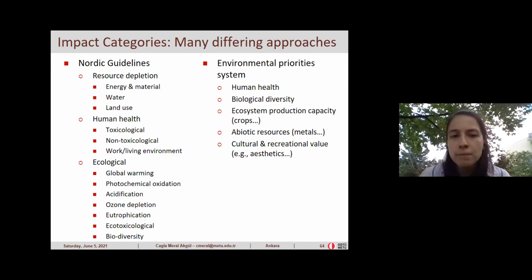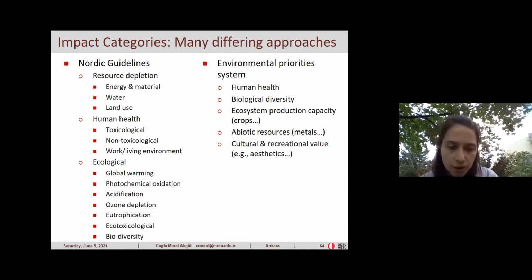There are many impact categories with different approaches. Here, let me talk about some of them. Nordic guidelines talk about resource depletion, human health, and ecological, so three categories. In resource depletion, we talk about energy, material, water, and land use. In human health, we talk about toxicological, non-toxicological, or work and living environment.